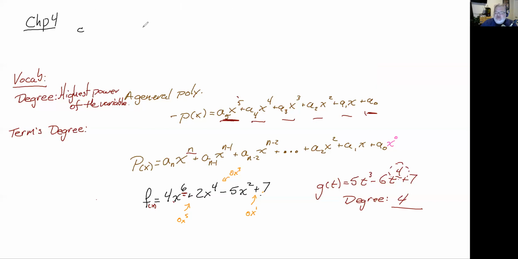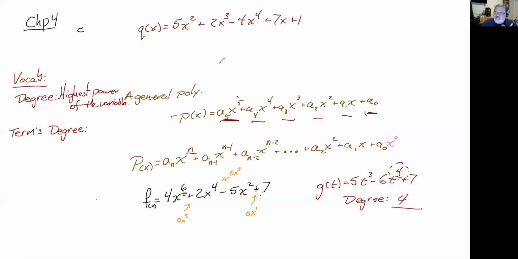So if we grab another one here, say 5x squared plus 2x to the 3rd minus 4x to the 4th plus 7x plus 1. Why not? We could ask what the degree of the polynomial is. The degree of the polynomial is certainly 4, a 4th degree polynomial, because that's the highest power.